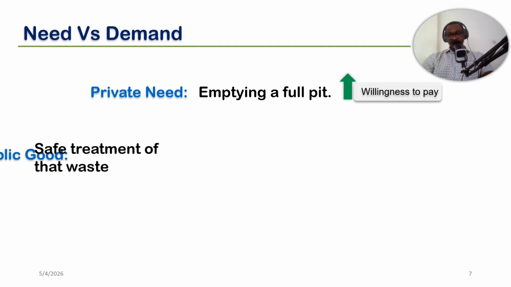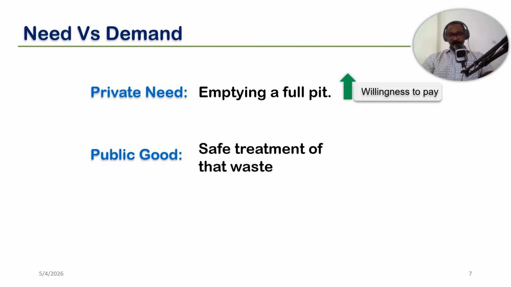Unlike when you were told that it's a public good, that we have to treat this waste to keep the environment safe. Here, it's likely that if they charge you for that, your willingness to pay will be low because it does not directly affect you where you are. But yet we forget that we are webbed into the one environment in which we thrive.